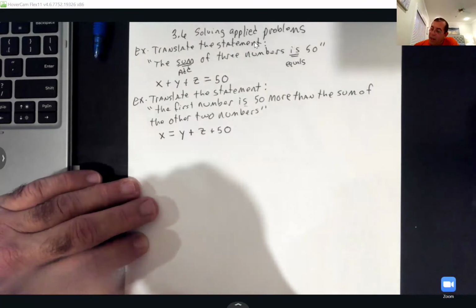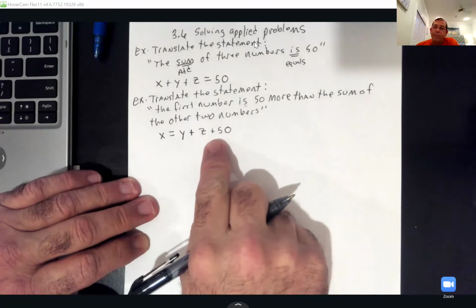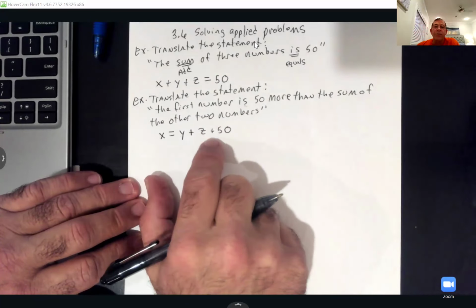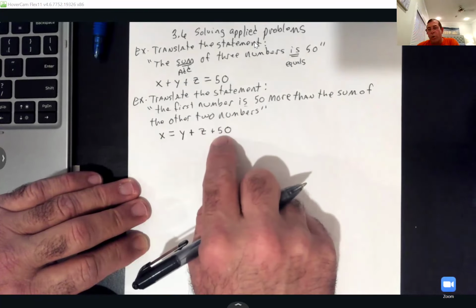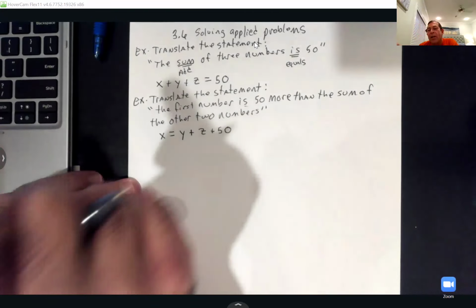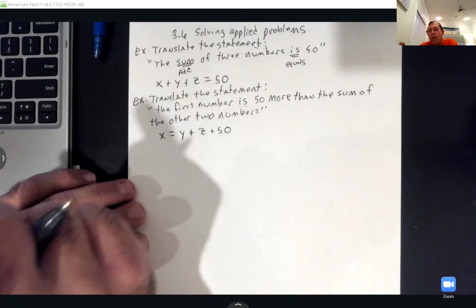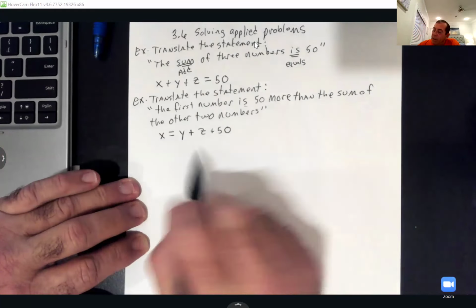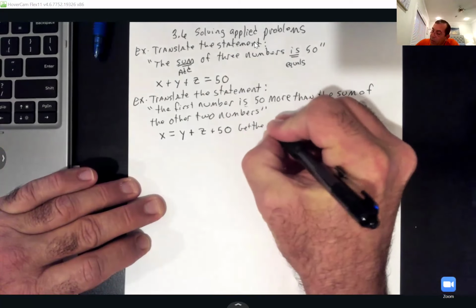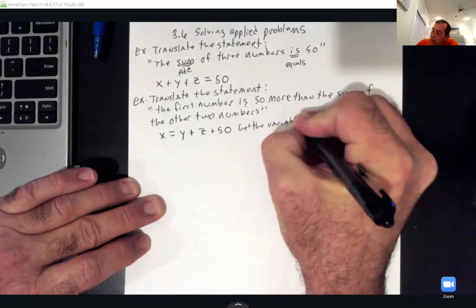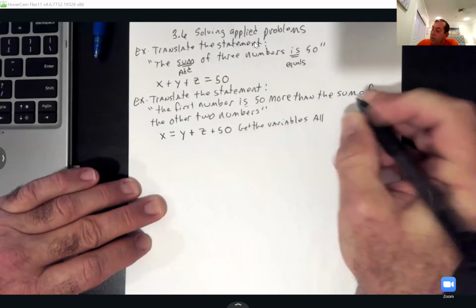Now, here's the thing on this problem. In the answers, we need all the variables on one side equal to a number, sort of like we were setting up these equations on Tuesday night. So on this one, we need to get the variables all on the left side.